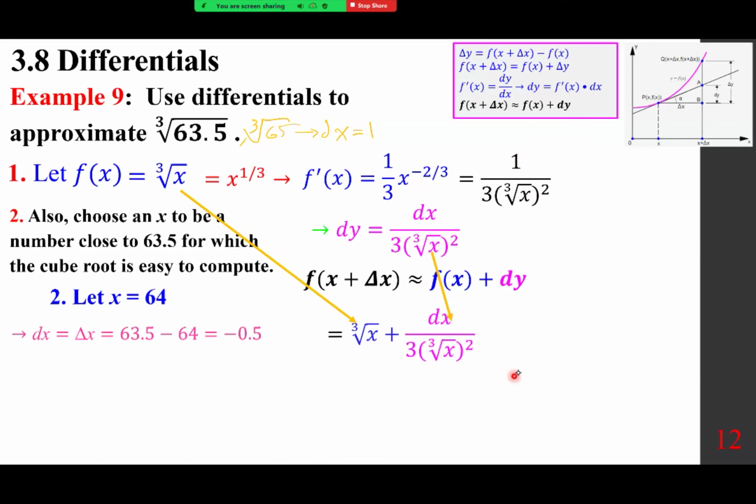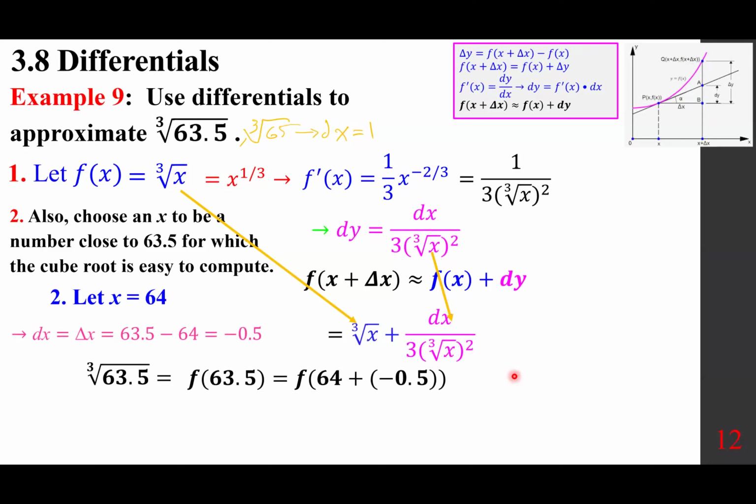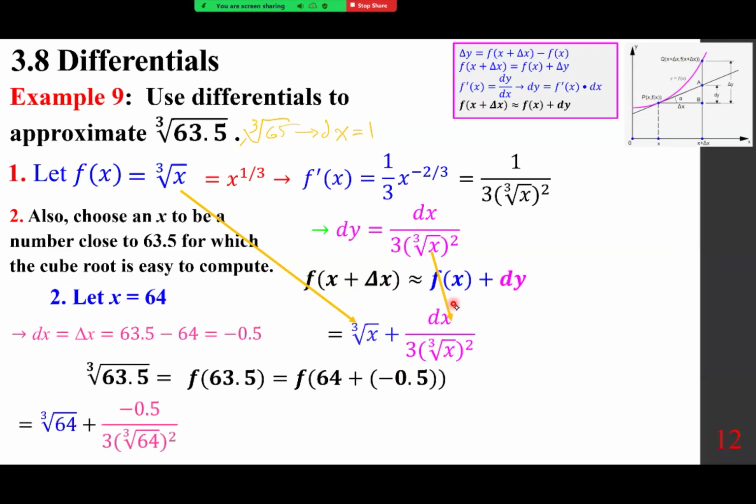We are interested in finding the cube root of 63.5, which means we want f of 63.5, which is f of x equals 64 plus delta x, which is negative 0.5. Into this, replace the x with 64 and dx with negative 0.5.